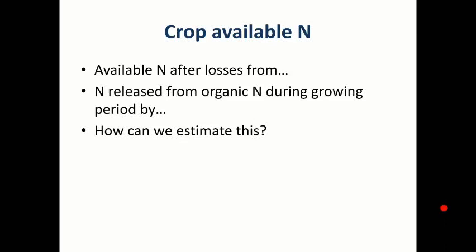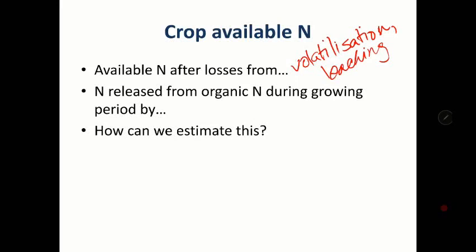Probably from volatilization, maybe some leaching as well, possibly, but primarily volatilization. And then we have to consider the nitrogen released from the organic N during the growing period by what? This is a fill-in, the blank one from last year. So that's by mineralization, right?